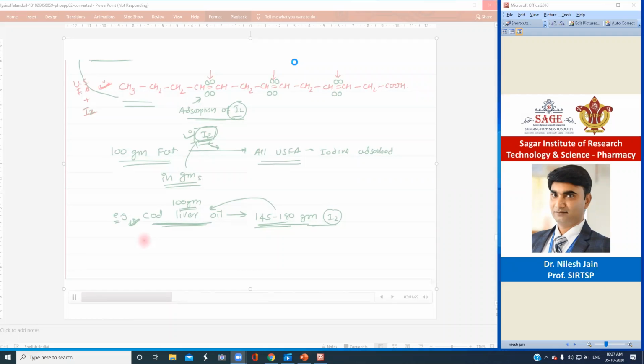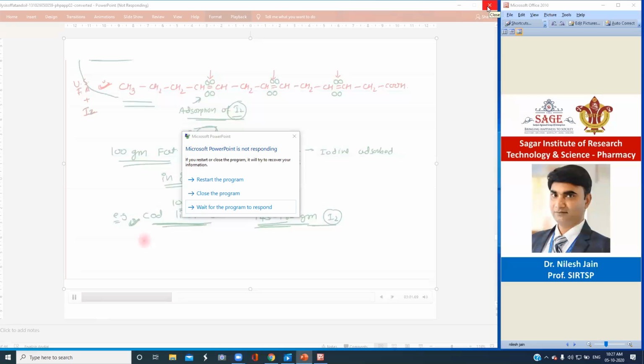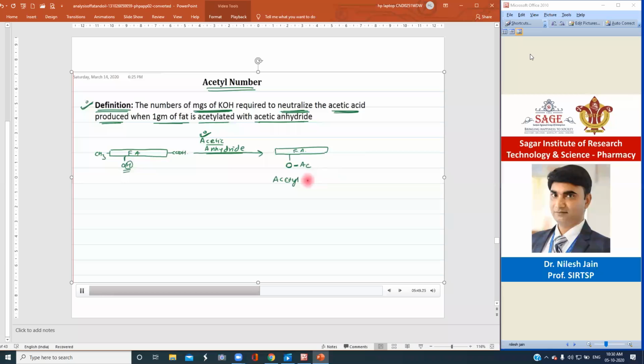This is acidic, the potassium hydroxide is alkaline, so ultimately the acetic acid will be neutralized. The amount of potassium hydroxide, amount in what terms? Amount in milligrams.